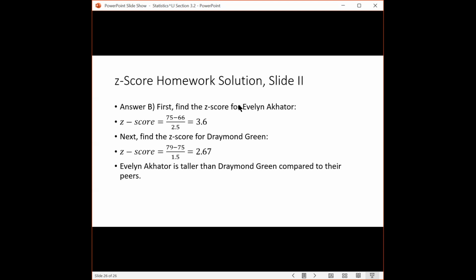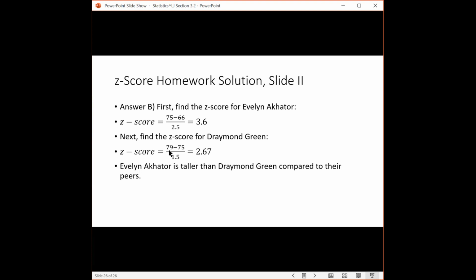To figure that out, we use the formula. The z-score equals Evelyn's height, 75, minus the mean, which is 66, over the standard deviation, which is 2.5, and that turns into a z-score of 3.6. Then for Draymond Green, we get 79 minus 75.